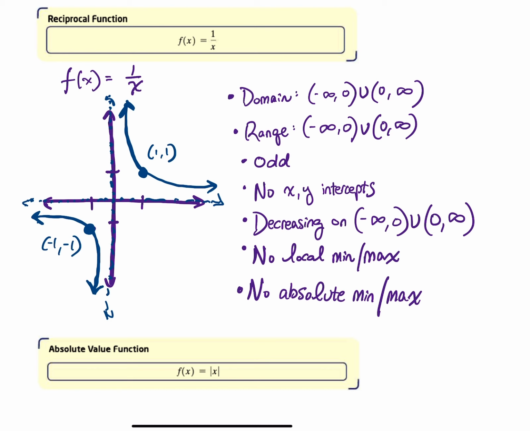Any point, even in these points, there's always a point to the right of it that is less. And coming from this way, there's always a point to the left of it that's a little bit higher because it's approaching 0 there. So it'll always get closer and closer and closer to 0.